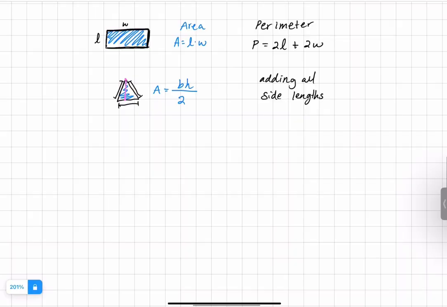Now for a circle, okay, there. The area of a circle is pi r squared. And r refers to the radius, so the distance from the center of the circle all the way to any end of the circle. And the perimeter of a circle is actually called the circumference.